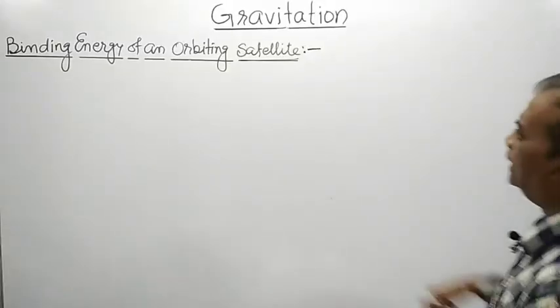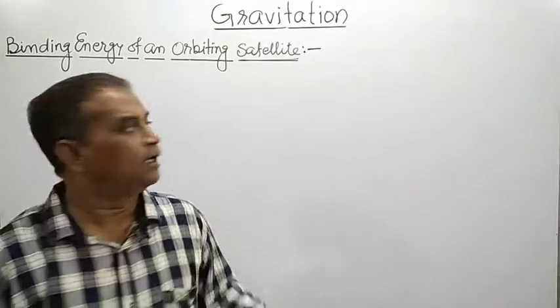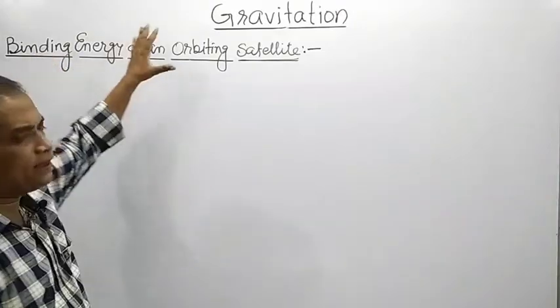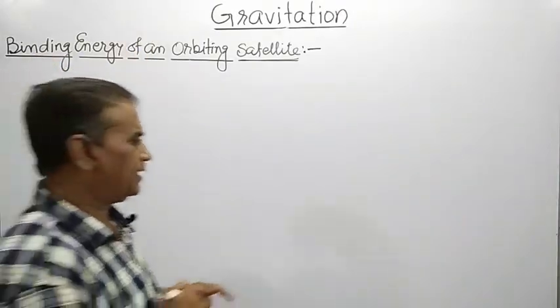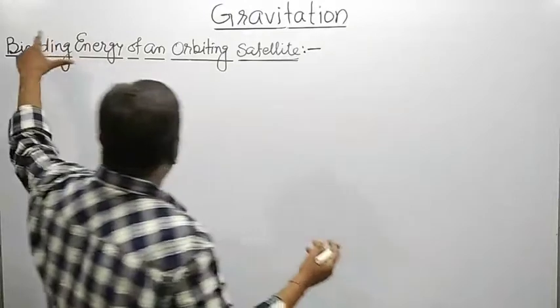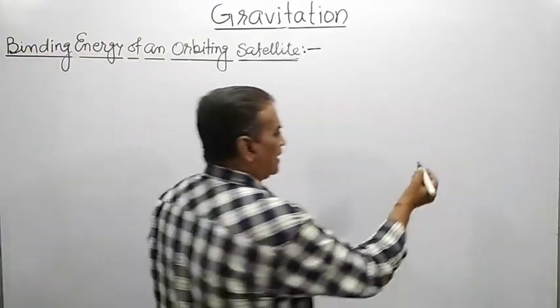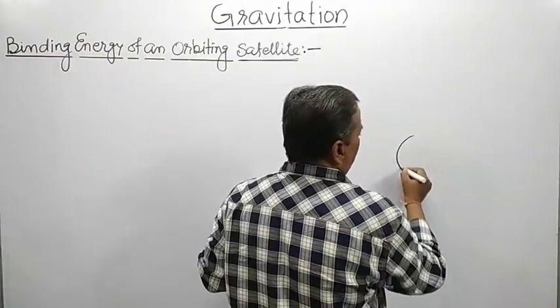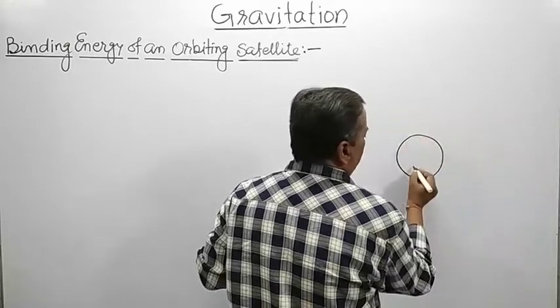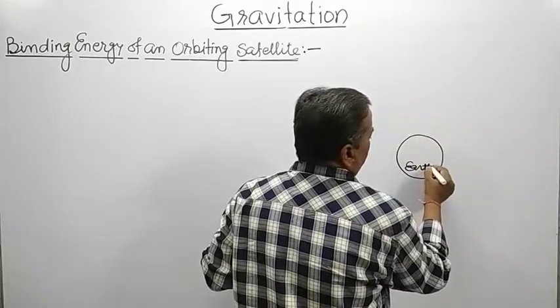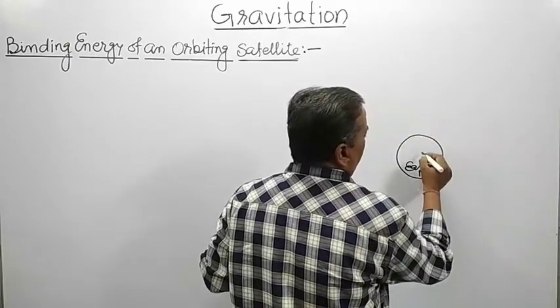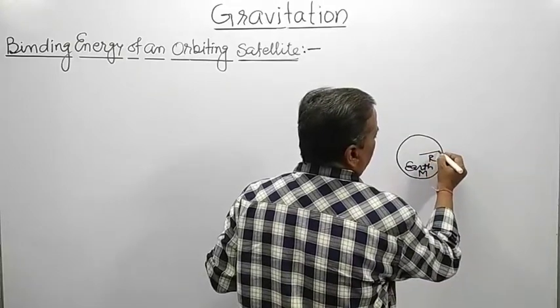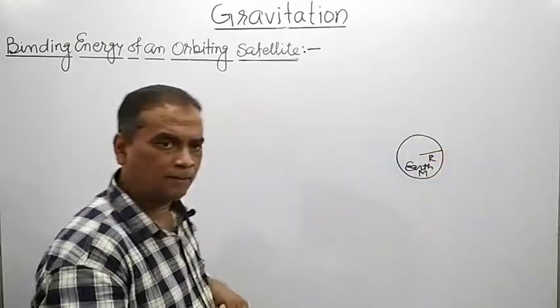Now the last and the most important bit, that is binding energy of an orbiting satellite. Now what is the binding energy of an orbiting satellite? So let us see here, we are having our planet Earth. Let capital M be the mass of Earth and R represent radius of Earth.